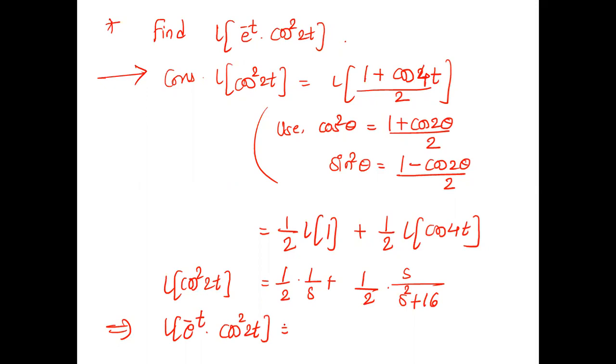Wherever there is s, by first shift, it will be s plus 1. So it is 1/2 into 1 upon s plus 1, plus 1/2 s plus 1 upon s plus 1 square plus 16 as the answer. Done. No need to simplify also. It's over.